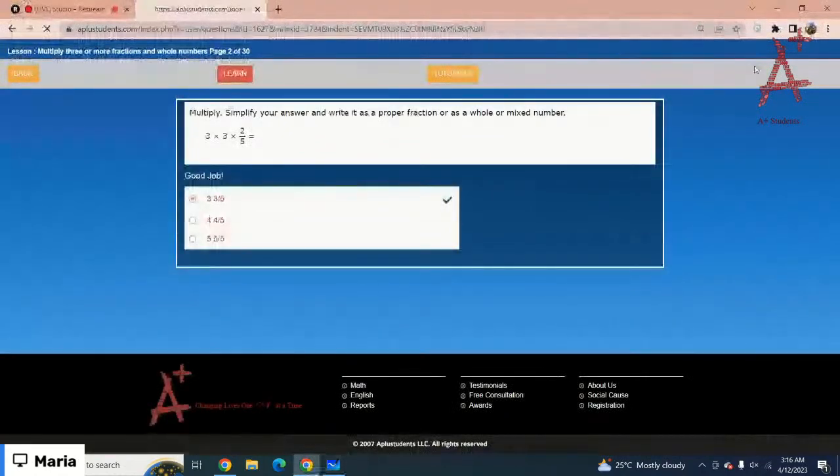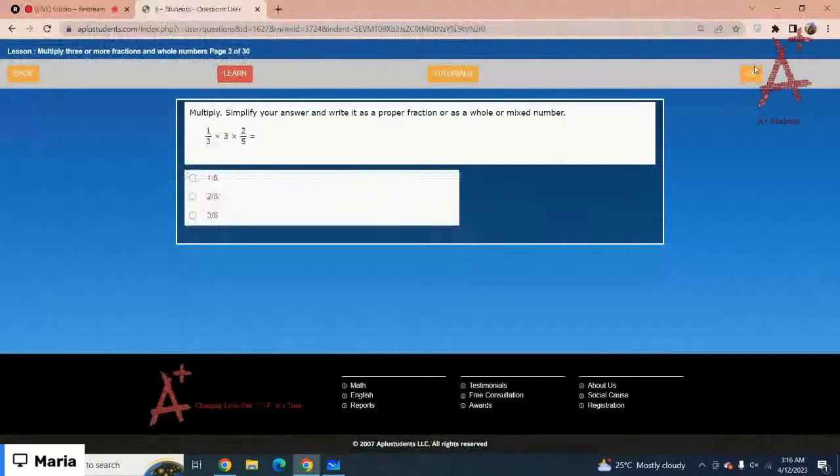Okay, now for the next one, you have to answer 1 over 3 times 2 over 5. So which is the correct option? Solve the question on your notebook. Just write down the answer in the chat box.